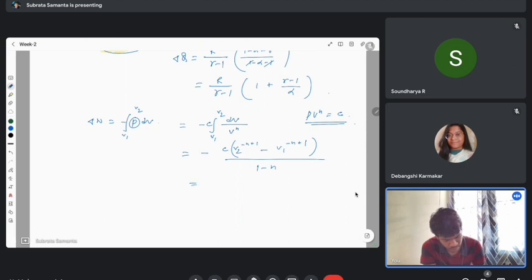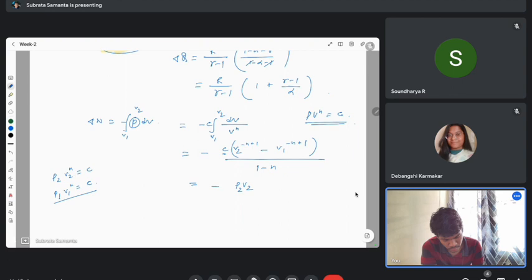So now this C, V to the power minus n plus 1, we replace in terms of the constant. So at any point P2 V2 to the power n equals to the same constant, P1 V1 to the power n equals to the same constant. Okay, so we put that C value.